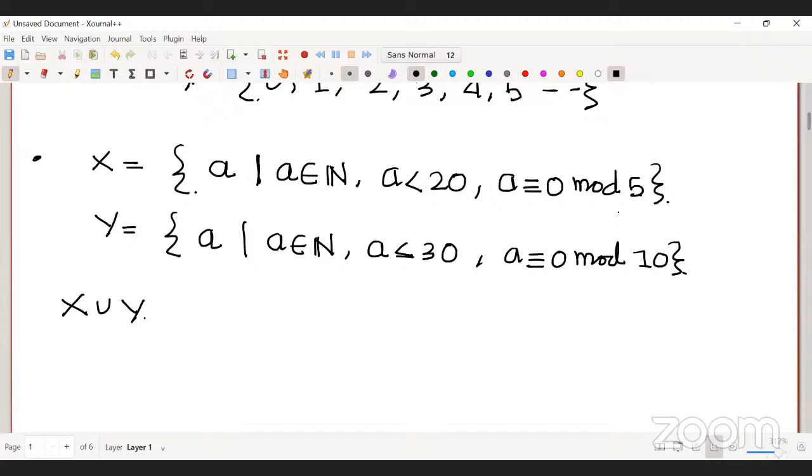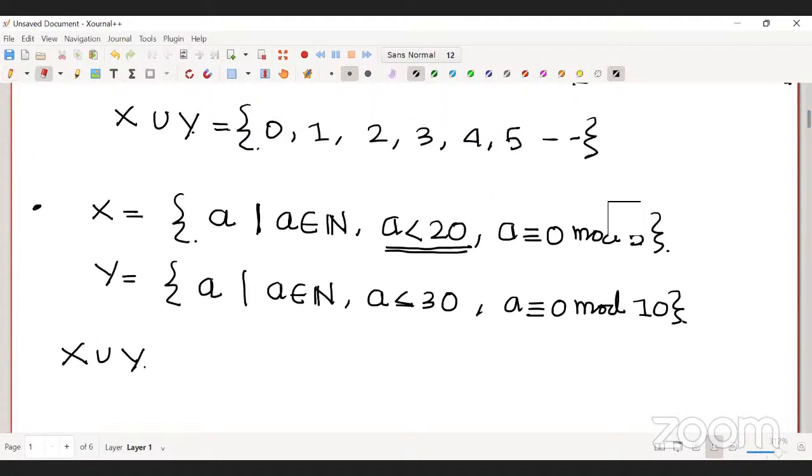So as you can see, there are two different conditions on the elements of X as well as on the elements of Y. First thing you need to notice is that we are putting three conditions on the elements of X as well as on the elements of Y. In X, the first condition is the element should be a natural number.